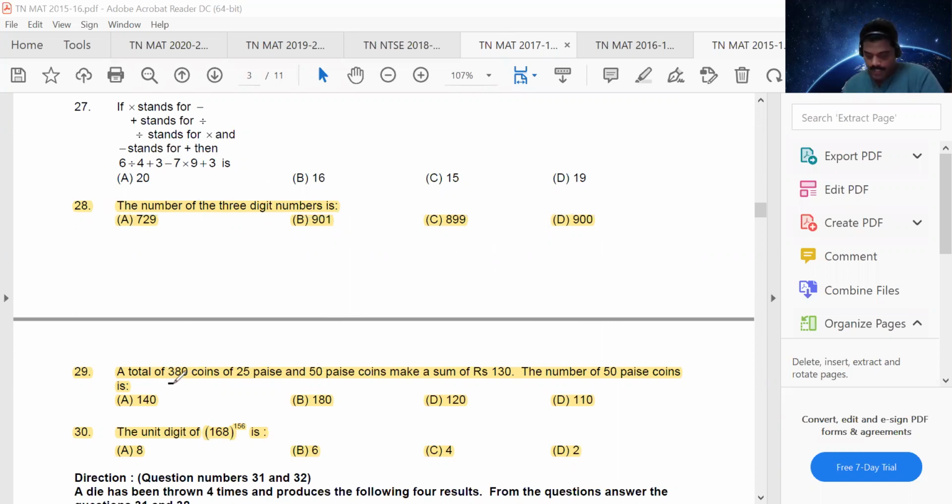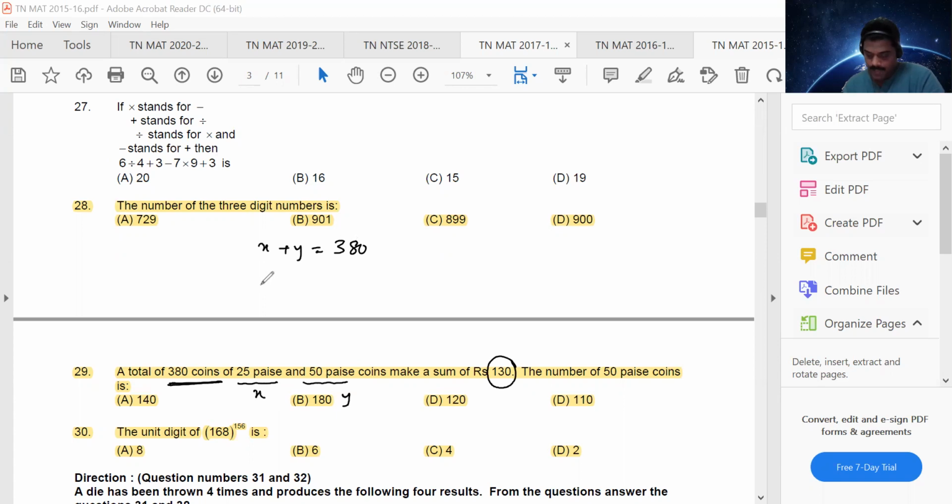The number of coins, 380. We have already done this type of question. A total number of 380 coins are there, out of which there are 25 paisa coins and 50 paisa coins, which make a sum of 130. Let us say that the 25 paisa coins are x and 50 paisa coins are y. So x plus y, the total number of coins, is 380.